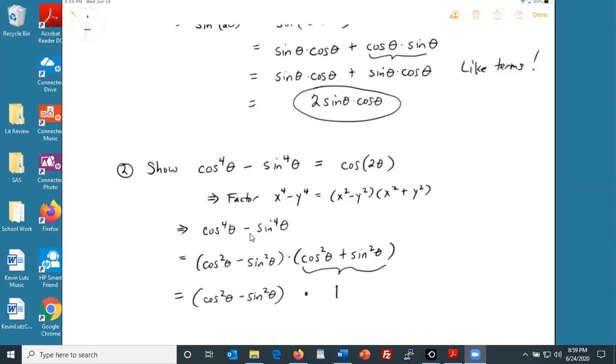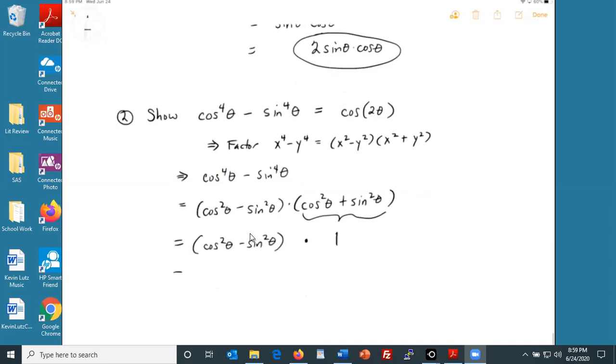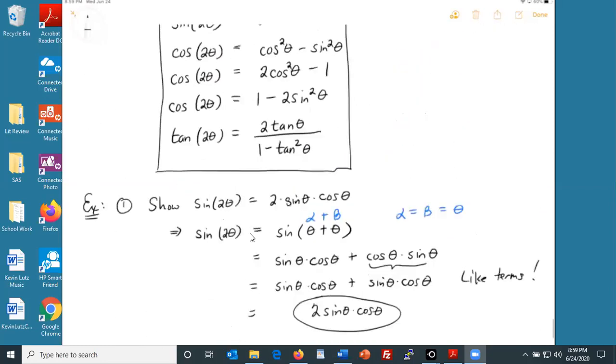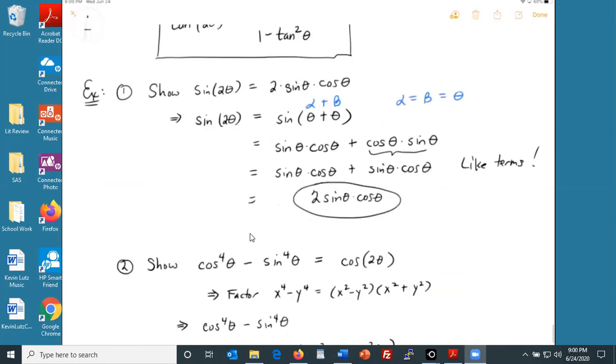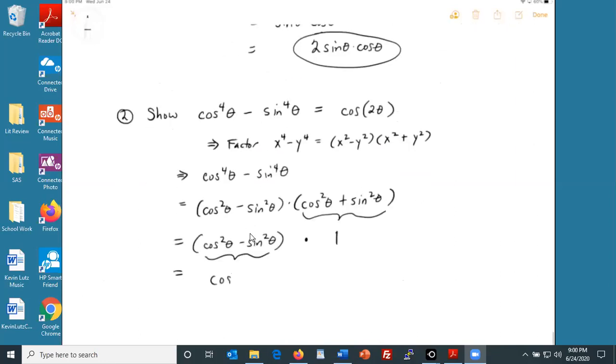Okay, so then we get this also. Do you recognize this term here? Cosine squared minus sine squared. I'll give you a hint. It's in the box here somewhere. Cosine squared minus sine squared is exactly cosine of 2 theta. What we wish to show.